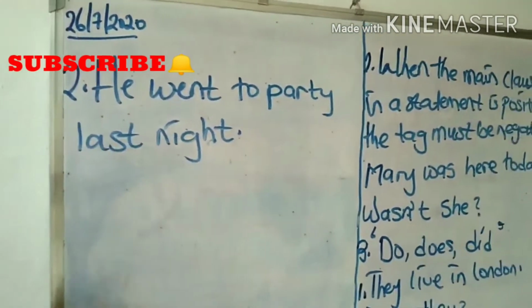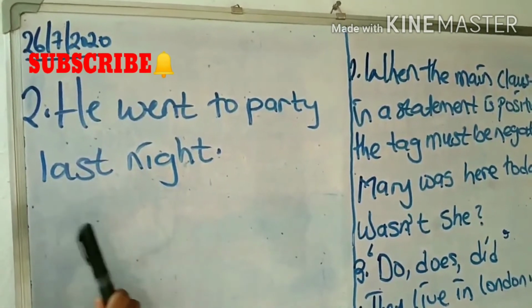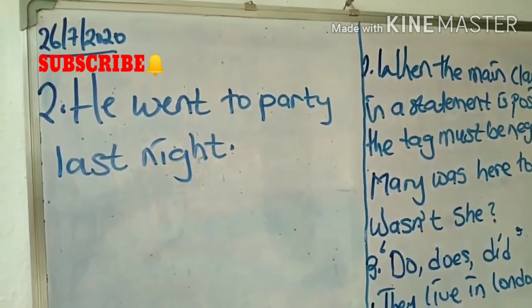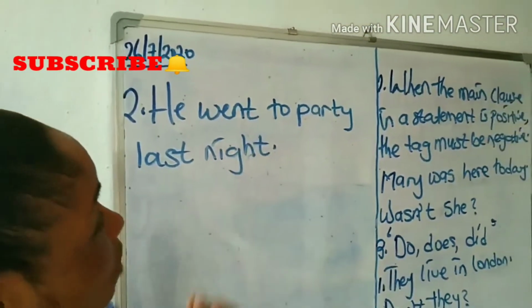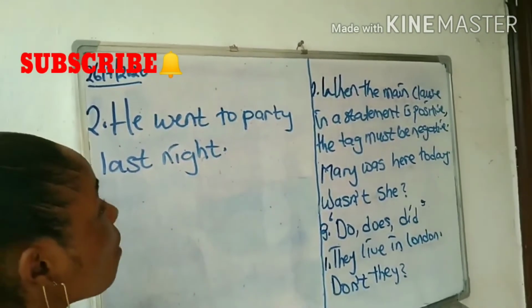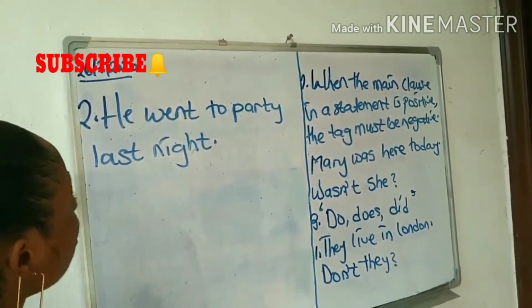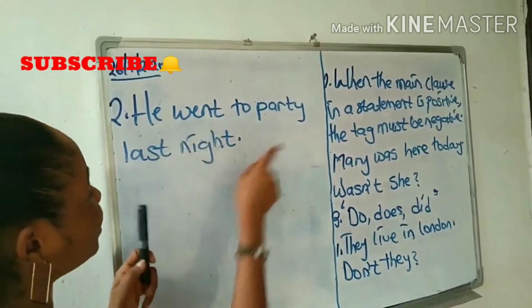If you look at this statement, you would see that the statement is positive and not negative. Why is it positive and not negative? It's because there is no word "not" in this statement. So that means when we're forming the tag, it is going to be what? Negative.